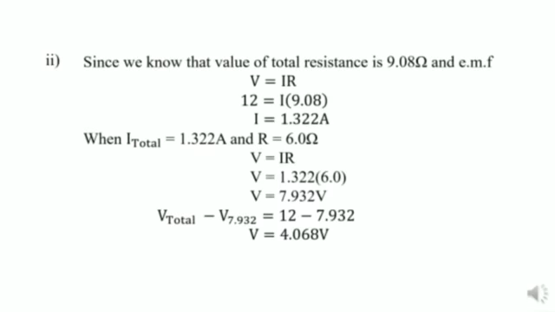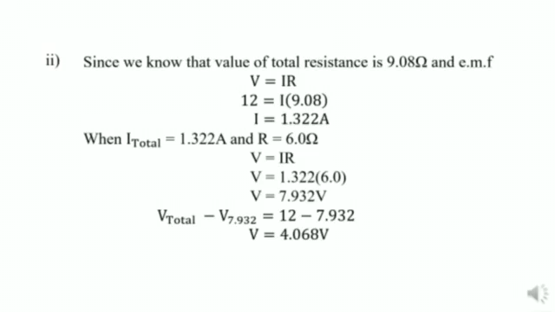The second question wants to find the voltage across the 8.0 ohms. Since we know that the value of total resistance is 9.08 ohms, and the value of EMF is equal to 12, we use the formula V equal to IR to find the total current, which is 1.322 ampere.